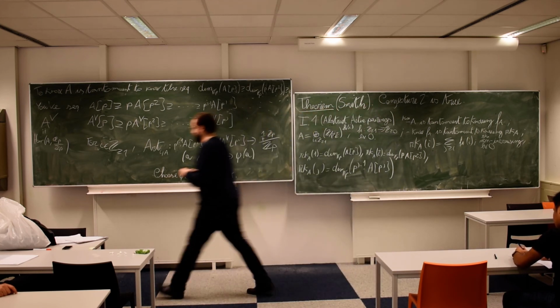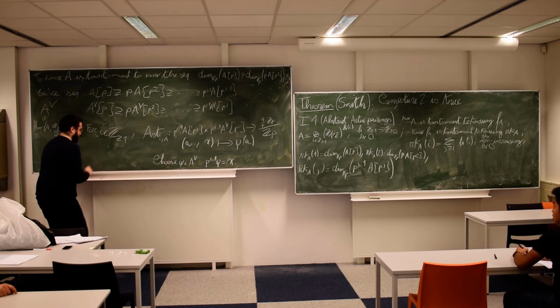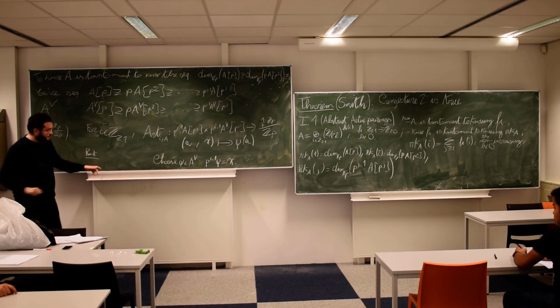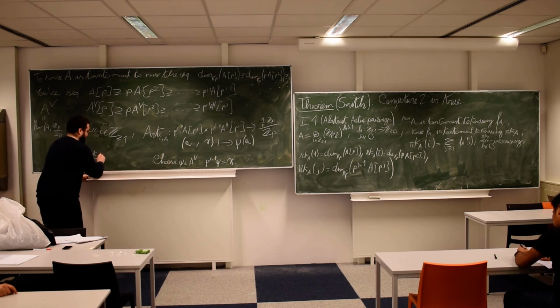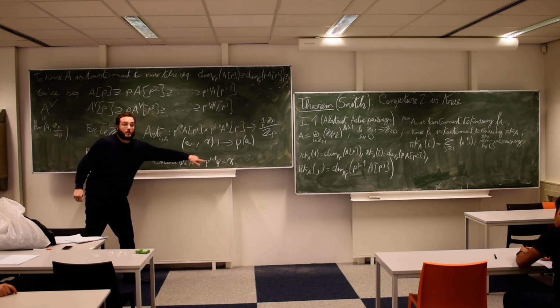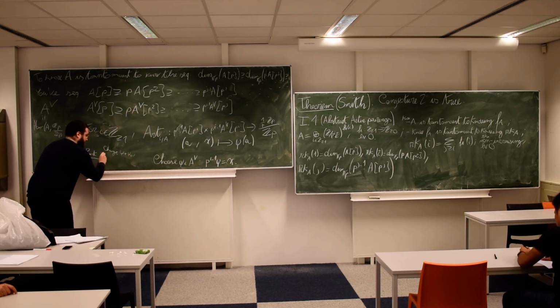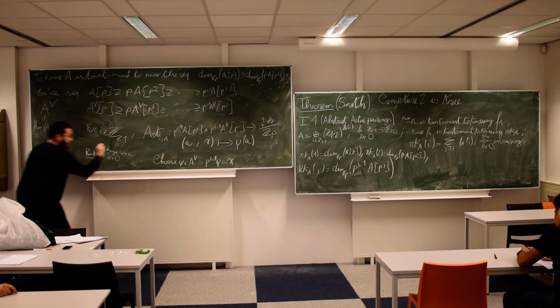Well, yes, because if you choose another psi, the main point is that a is also in P^(i-1), so you will kill the difference. So if you take psi plus psi 0, it must still satisfy this equation, so P to the i minus 1 of psi 0 is 0.